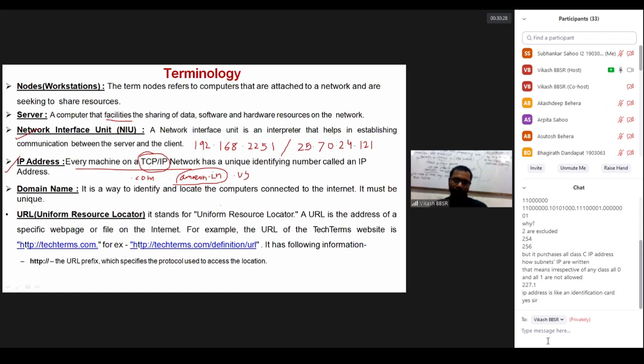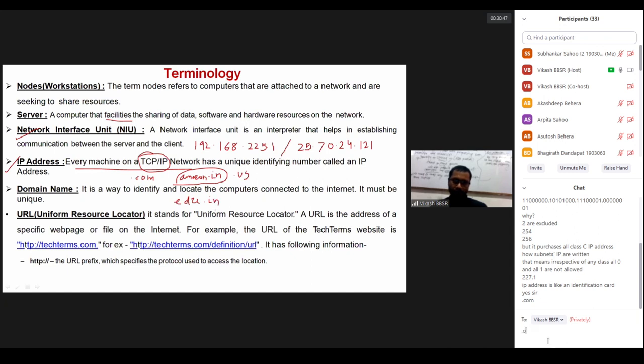Okay, when you click Amazon, it will show you Amazon.us and .edu.in. Those are nic.in or edu.in. Generally, they are educational institutions. Their domain names are edu.in and nic.in.